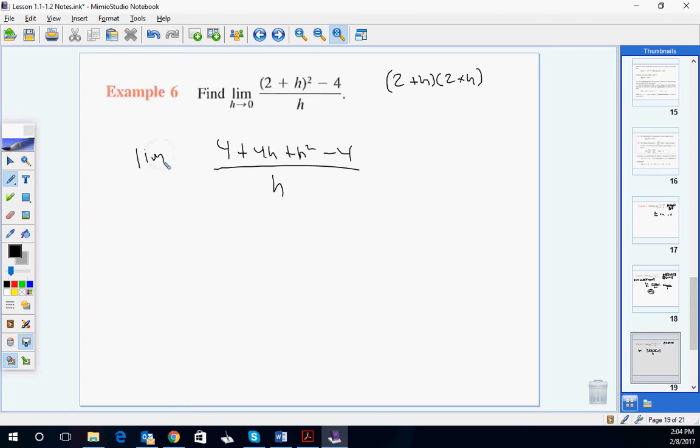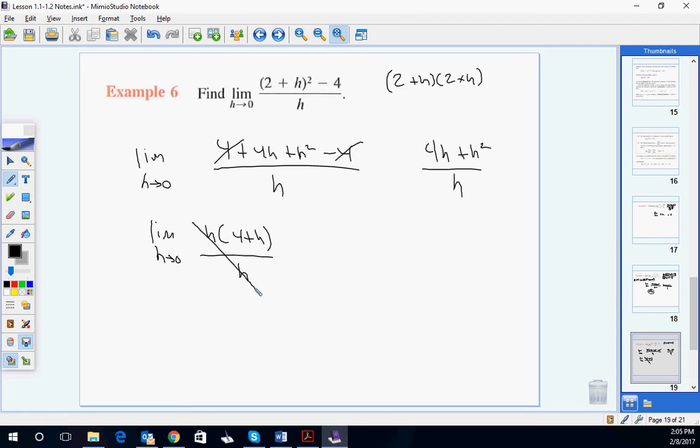Does anybody have the aha, why that helps? Does anybody see why that helps? Well, yeah, Molly? There we go. The 4s are gone. These both have an h, so I can take an h out. So it's 4h plus h squared all over h. Pull the h out: h times 4 plus h, all over h. Sweet.